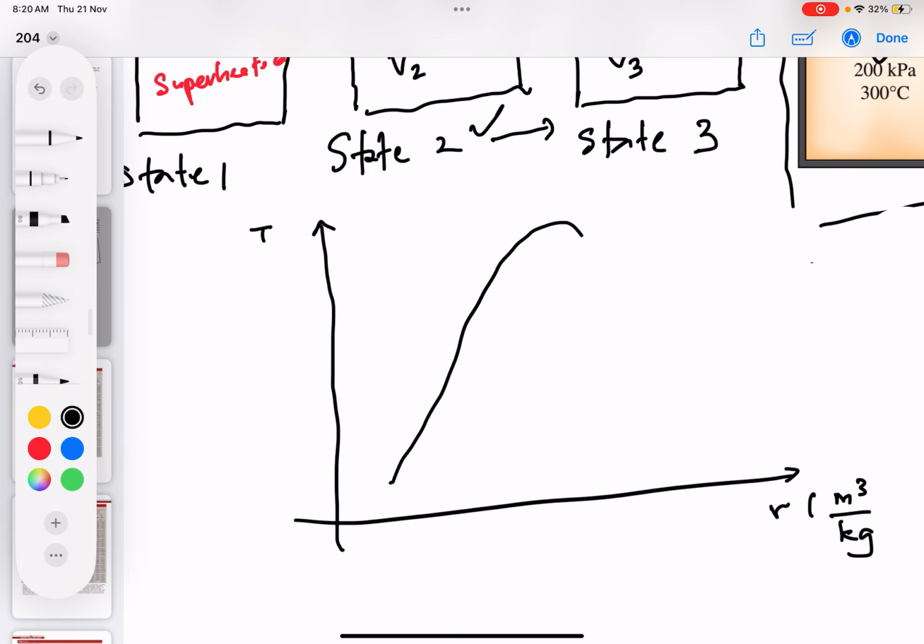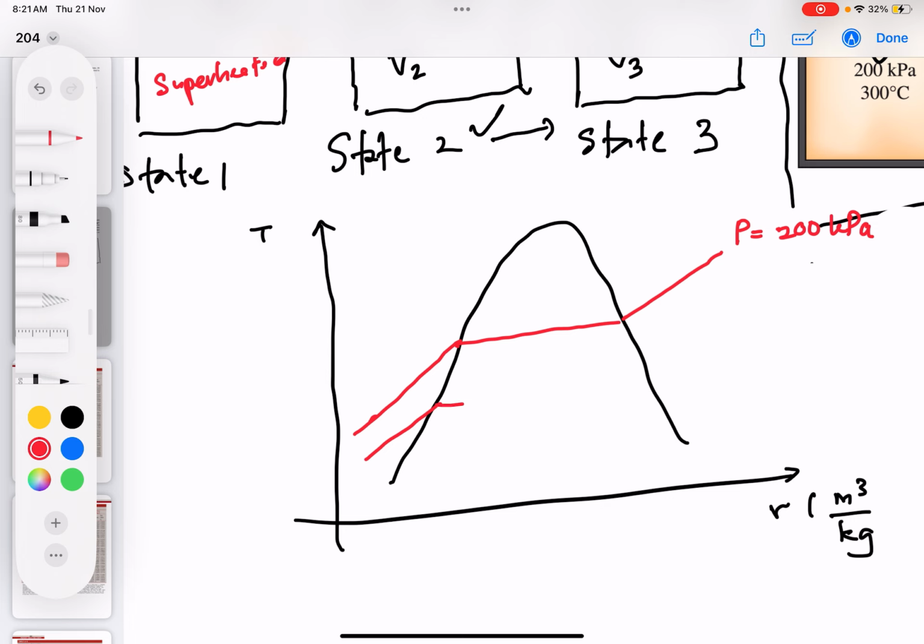So I have to draw a saturation line, and then this is going to be P equals 200 kilopascal. And then here I'm going to have P equals 100 kilopascal.